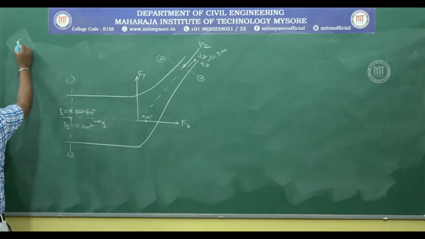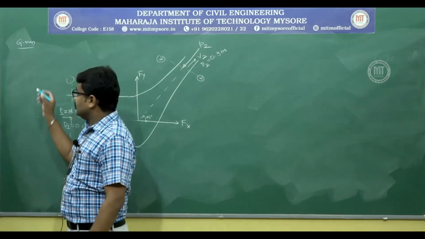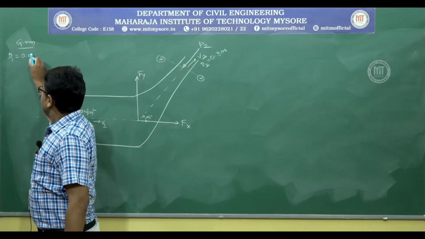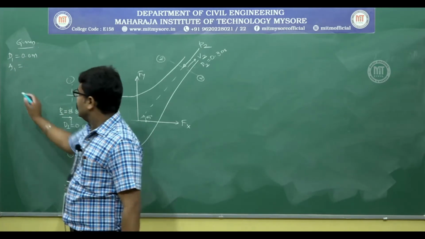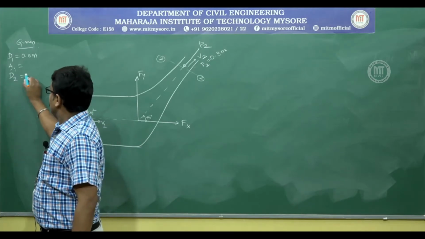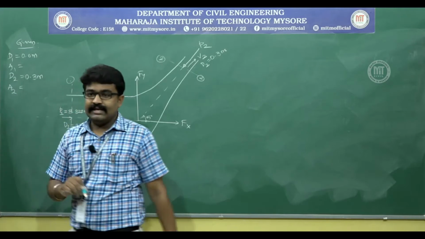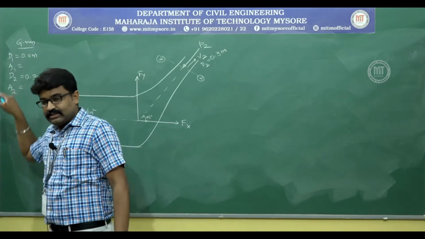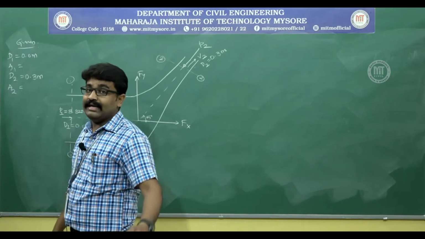From the given data, D1 is 0.6 meters, using which you will have to calculate A1. D2 is given to be 0.3 meters, using which you will have to find out A2. Once you know the diameters at section 1 and 2, you can easily find out the corresponding areas.